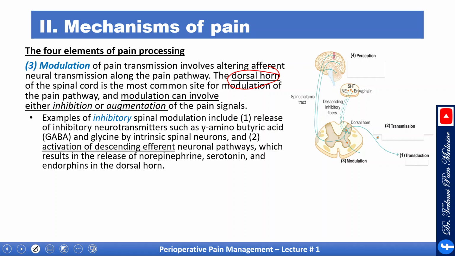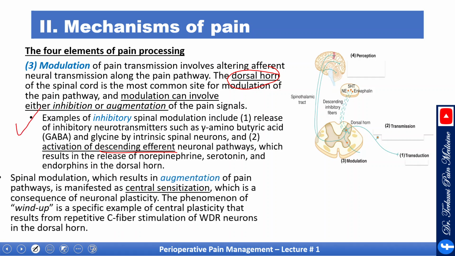Examples of inhibitory spinal modulation include the release of inhibitory neurotransmitters such as GABA and glycine by intrinsic spinal neurons, and activation of the descending efferent neuronal pathway, which results in the release of norepinephrine, serotonin, and endorphin in the dorsal horn. We would like to have inhibitory modulation, right?